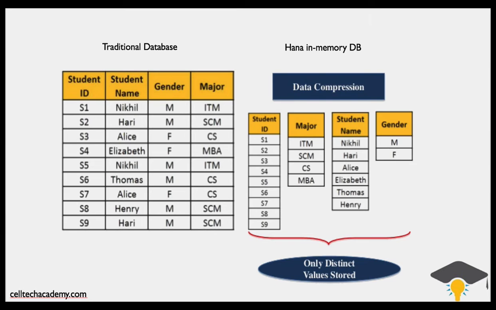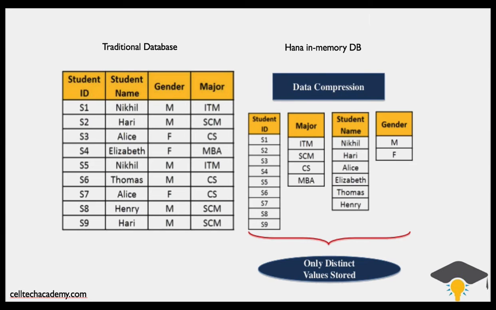What that means is there is tremendous data compression in the HANA database. The main thing is HANA stores only distinct values, and there are index tables to point to each one of those tables. So one table is stored as four, and you have an index server which manages all the relevant transaction information.